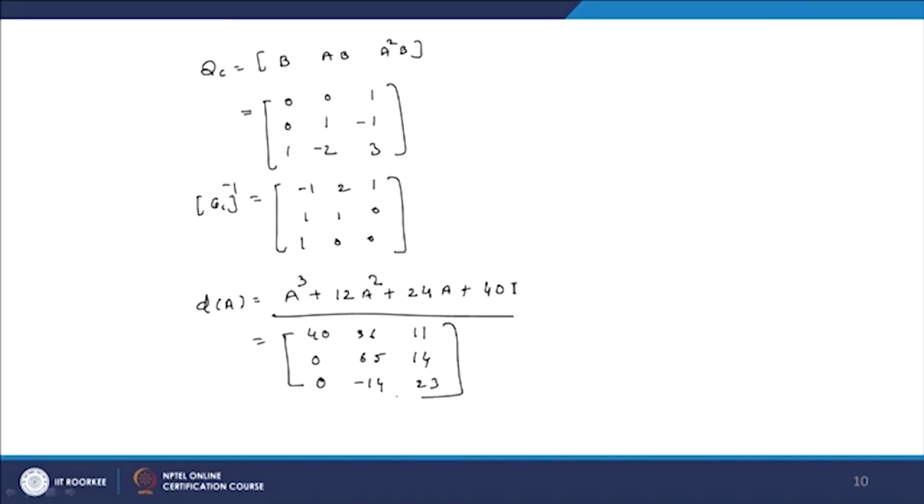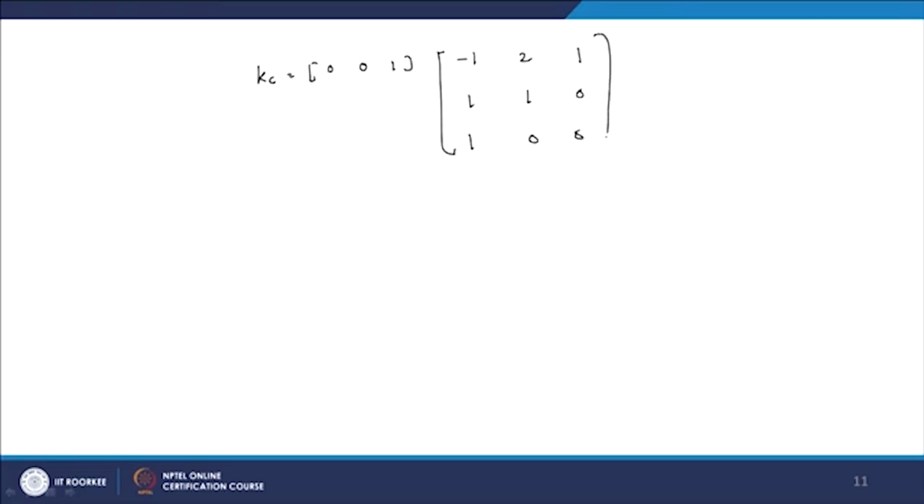So this phi of A we determined, Qc inverse we determined, and now we can write the formula as Kc equal to 0 0 1 times minus 1 2 1, 1 1 0, 1 0 0.